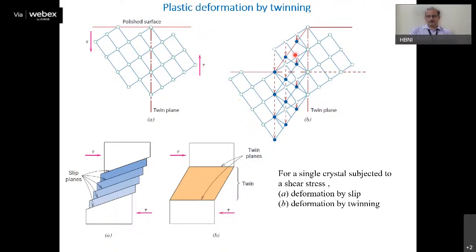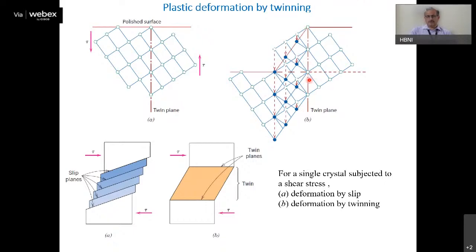In this system, the open circles are the atoms which have not moved, and the filled circles correspond to the atoms which have moved from their position. So this atom has moved from this to this position, and you have a mirror line basically in between these two structures, in these two orientations.